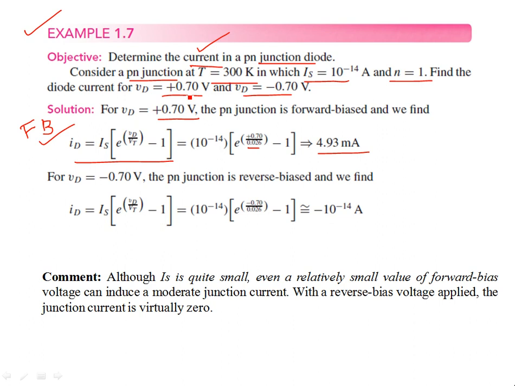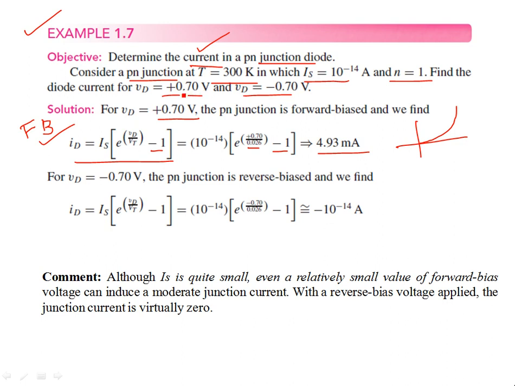You see, a respectable current can be obtained from the diode if you increase VD. And if you go on further increasing VD by, let's say, twice or thrice, say 1.4 volts or 2.1 volts, then even this 1 is not important. You're going to have a very large current. It's an exponential current, and it's going to grow exponentially like this. So the 1 can be ignored in this equation thereafter.